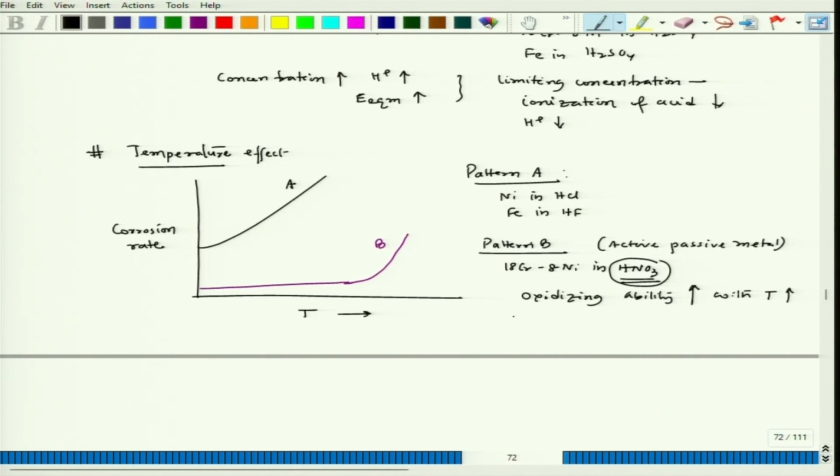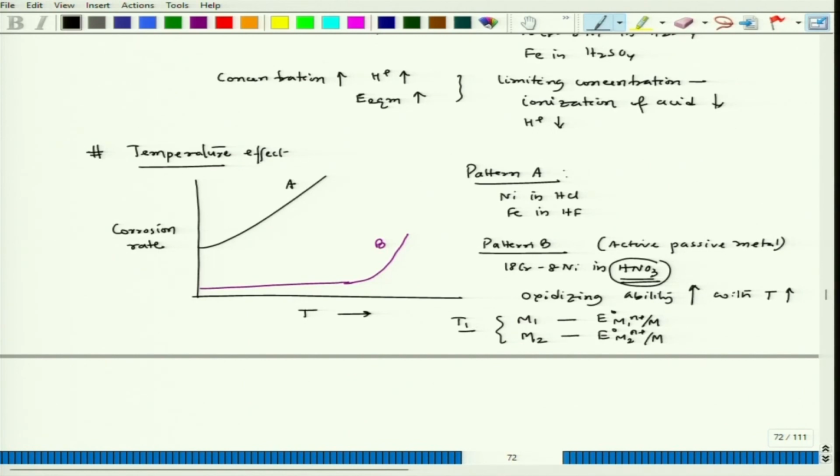Now, let us say metal 1 and metal 2 at ambient temperature, temperature 1. I could have an E naught value here and here also I could have one E naught value. So, these two values are there at ambient temperature or temperature 1.